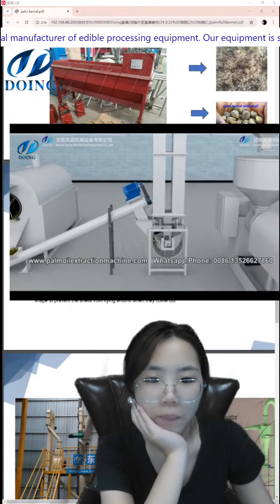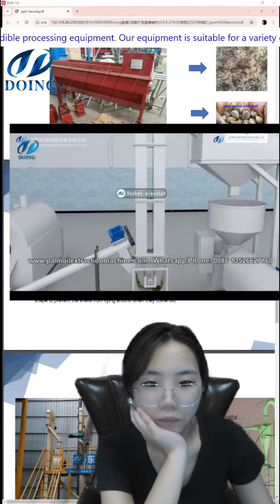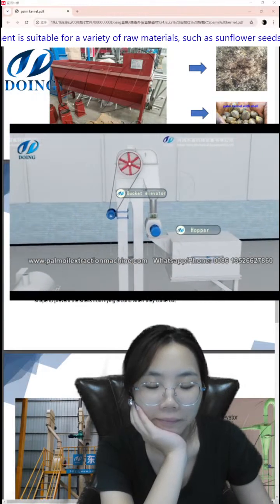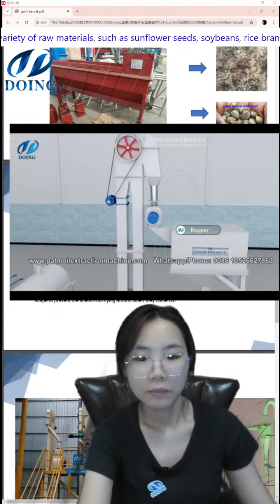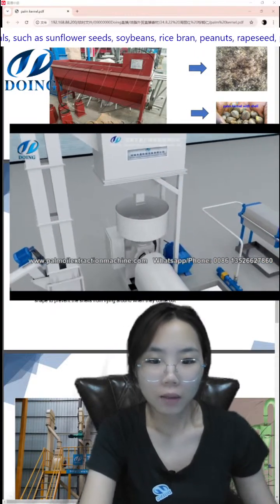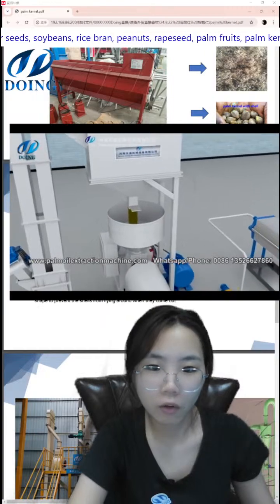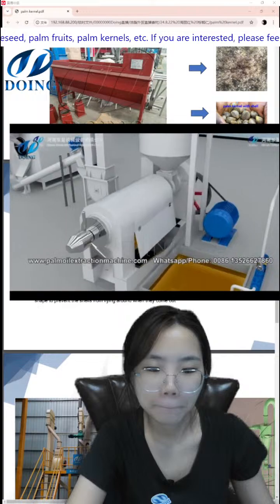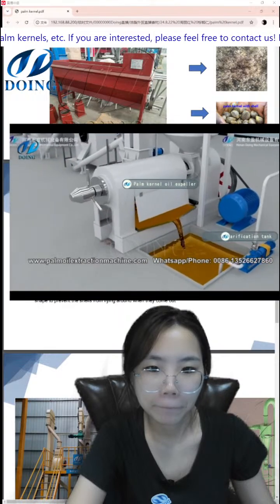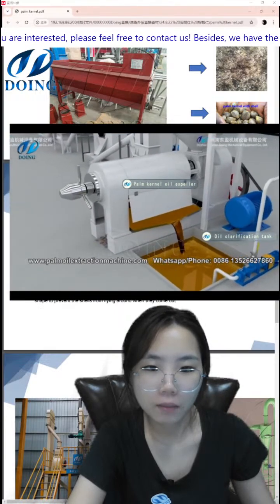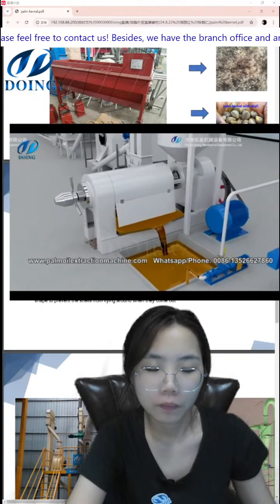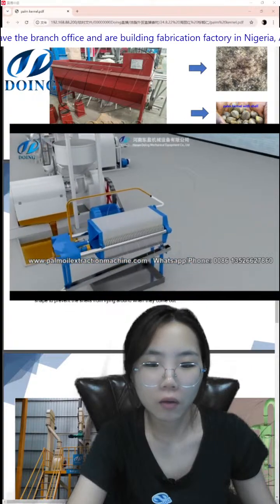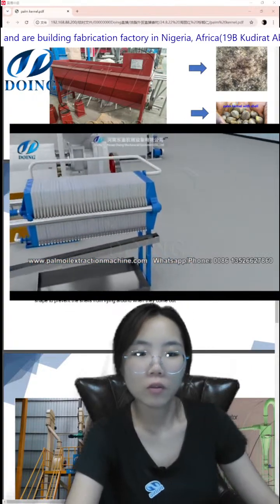Next part is the oil press. Okay, the palm kernel entered our oil press. And this is our oil press. And then the crude oil enters the filter.